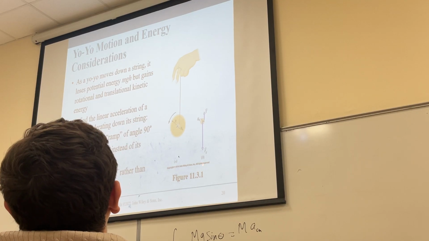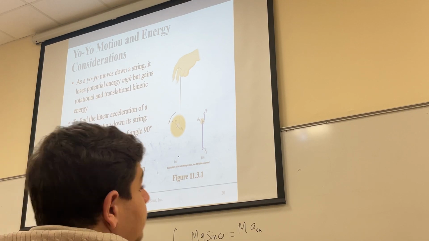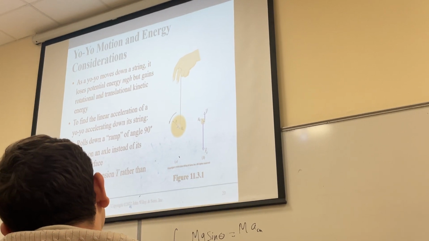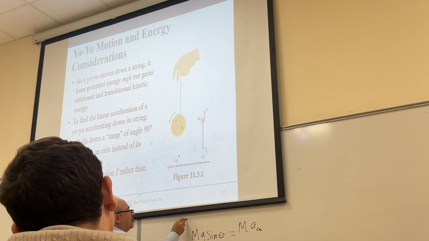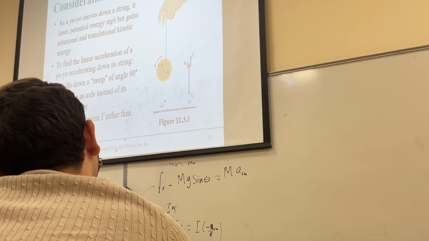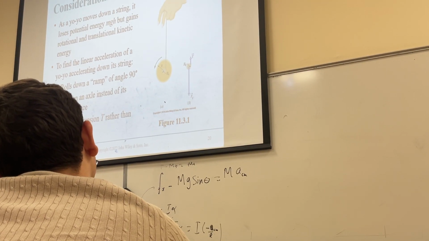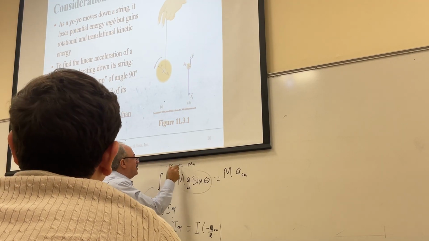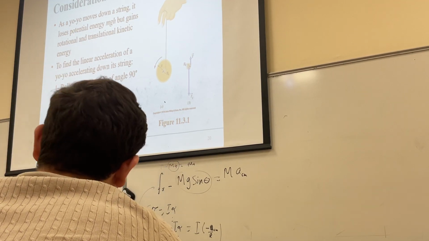And what causes the acceleration down is mg. So it's very similar. You have tension minus mg is equal to m a, very similar to this equation. For the rotation, T times R equals I alpha. So the only difference, instead of mg sine theta in the resultant, we have mg here, isn't it?